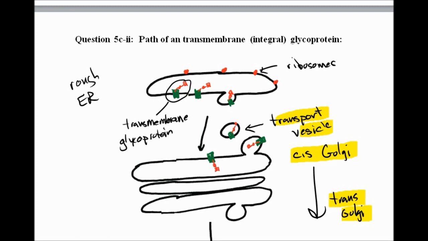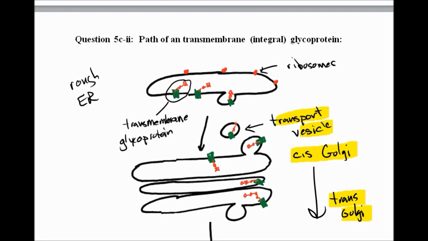And then when it's about in the middle, the enzymes in the chamber alter so that different carbohydrate additions can be made and modified. And then by the time it is in the trans Golgi, where the protein is going to be sorted and shipped to its final destination, the carbohydrates are considerably different than what they used to be.